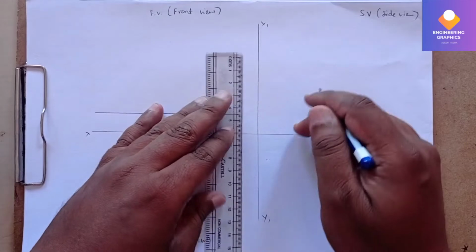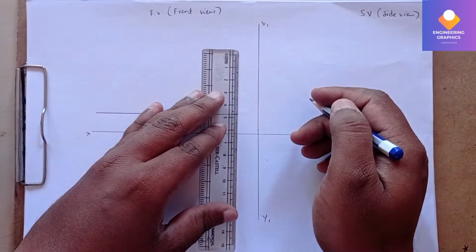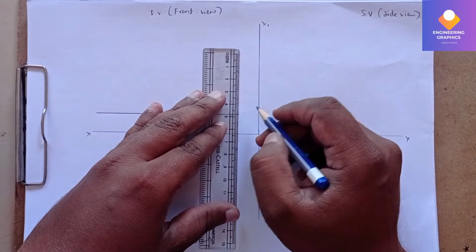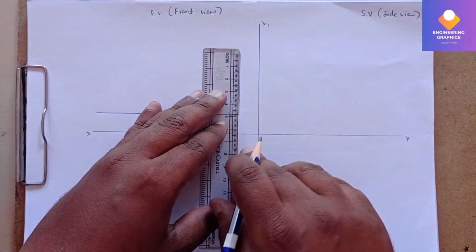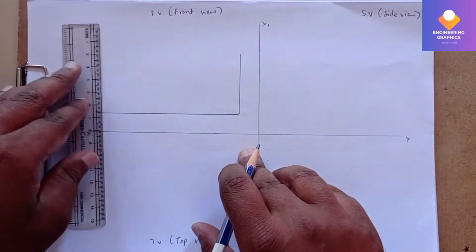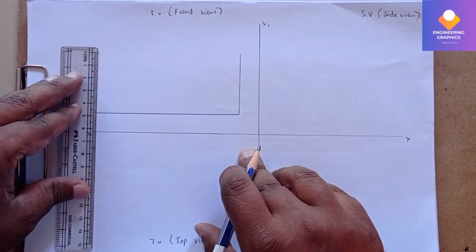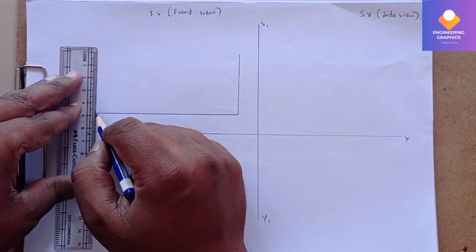The height here we should get is 48 mm, so mention 48. We'll be constructing a rectangular face, and from there we are going to darken the lines.